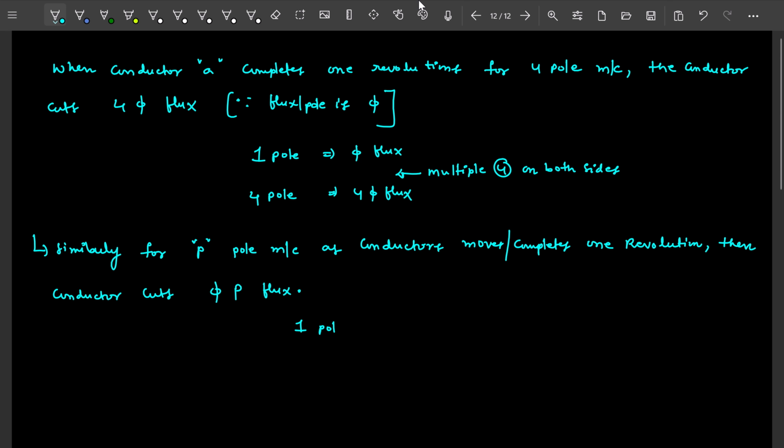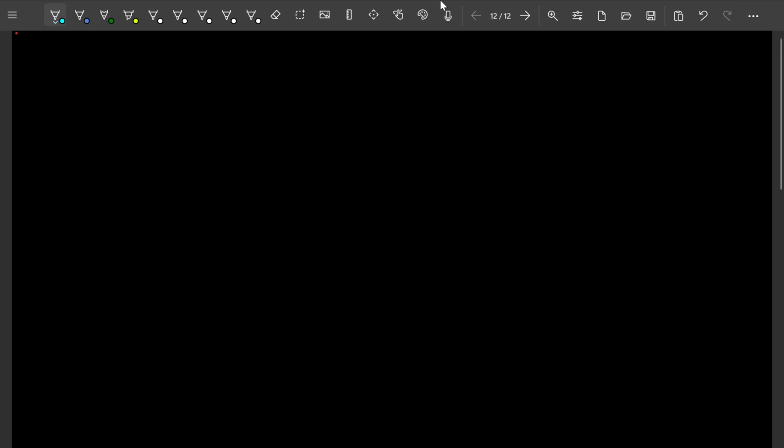For one pole, the conductor is cutting phi.